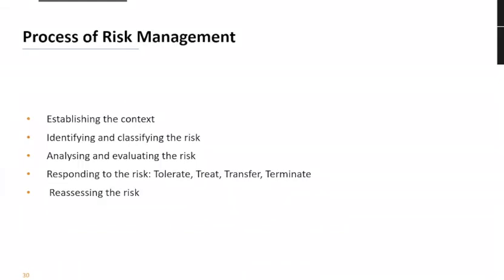The process of risk management is first of all establishing the context, identifying and classifying the risk, analyzing and evaluating the risk, responding to the risk, whether we tolerate, treat, transfer, or terminate the risk, and then, after the previous steps are taken, reassessing that risk.